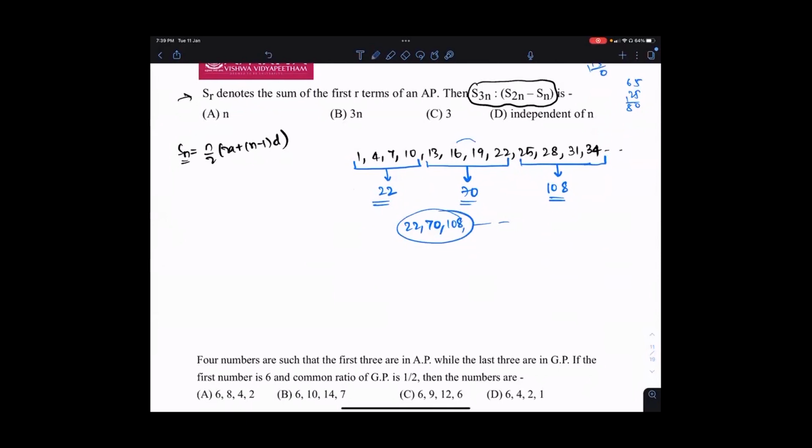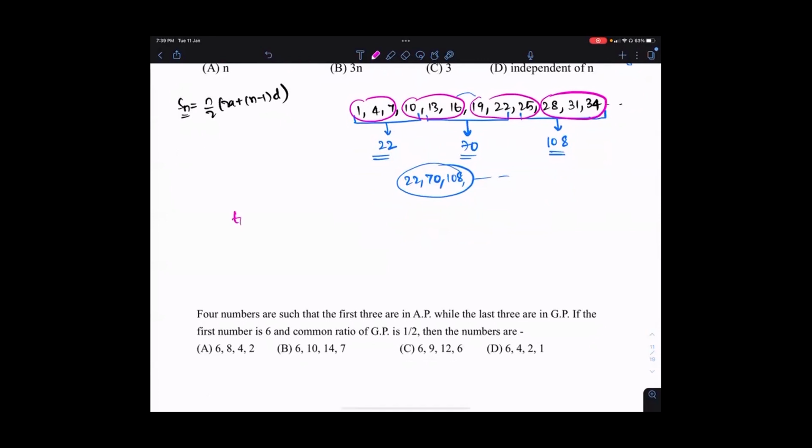Even if you choose 3 terms and add them, each group of 3, the sums will be in AP. Even if I take n terms: T1, T2, T3, and so on till Tn, Tn plus 1, Tn plus 2, till T2n, T2n plus 1, so on till T3n.